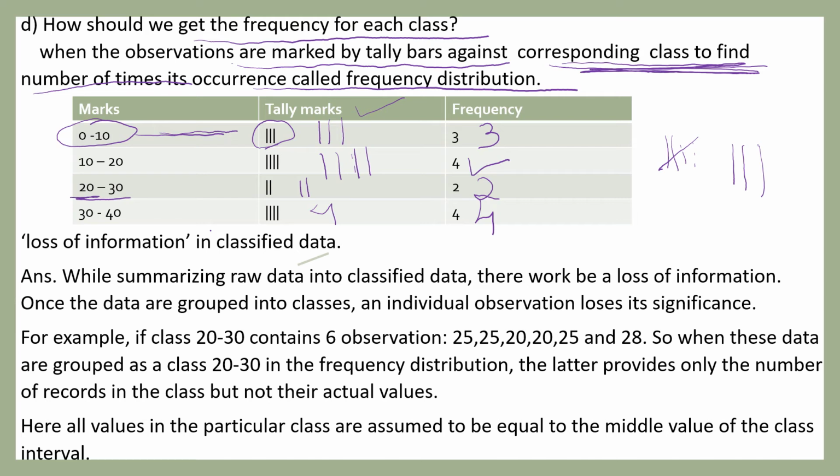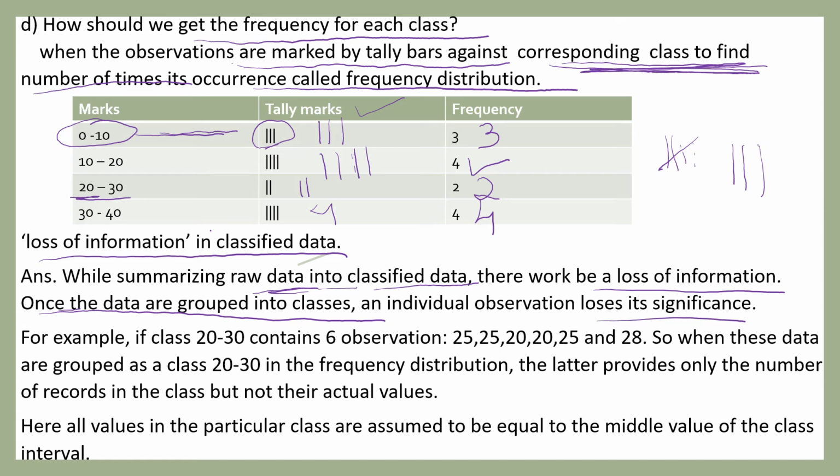Then what do you mean by loss of information in classified data? While summarizing the raw data into classified data, there is a loss of information. What do you mean by that? Once the data are grouped into classes, the individual observation loses its significance.